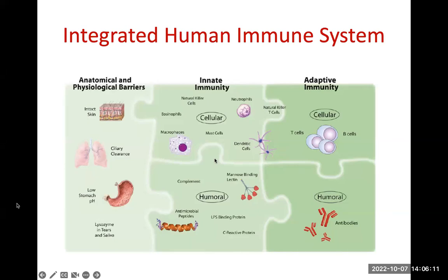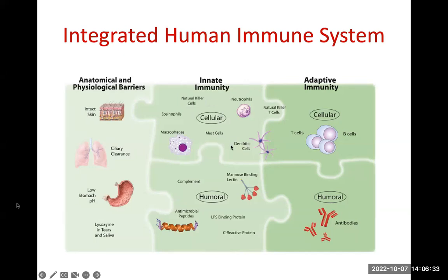So this innate immunity, basically it doesn't need any preparation. The cells are ready, and these are cells like granulocytes, like neutrophils, eosinophils. You also have things like macrophages, mast cells, dendritic cells, natural killer cells. As the name suggests, they are naturally ready.